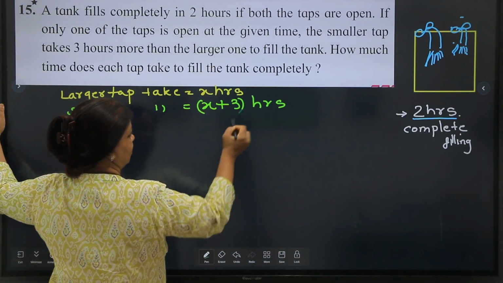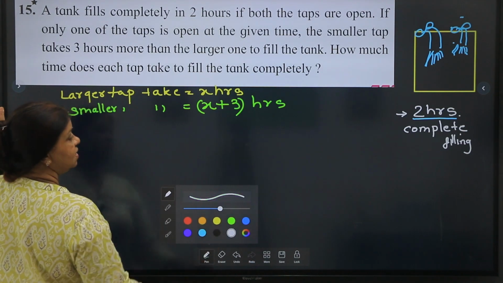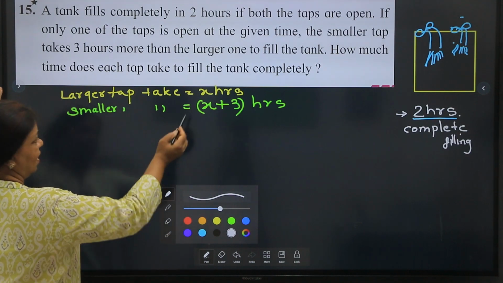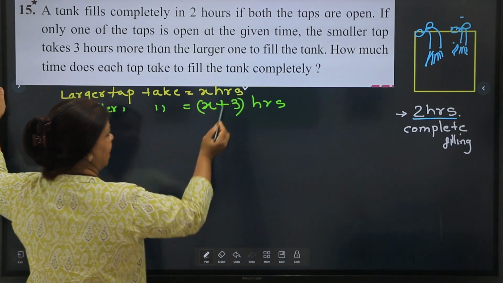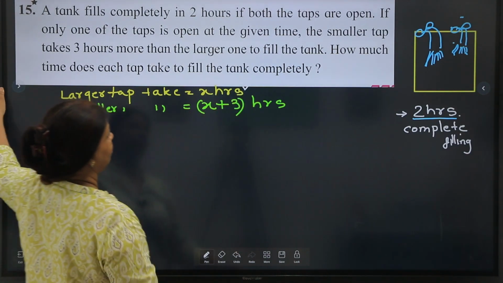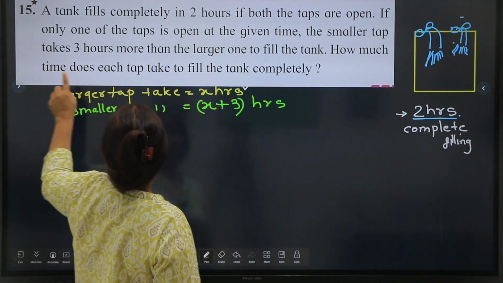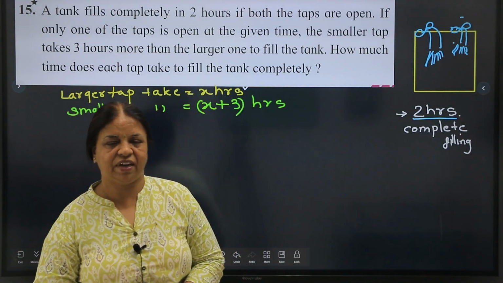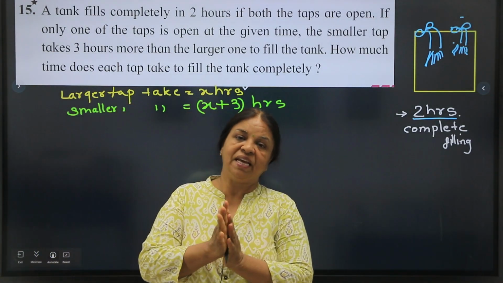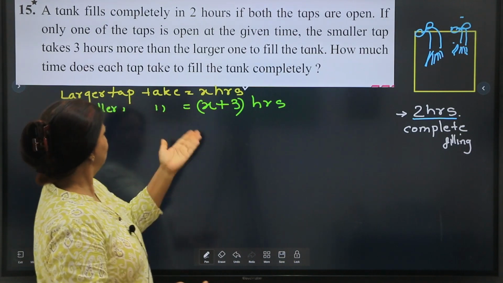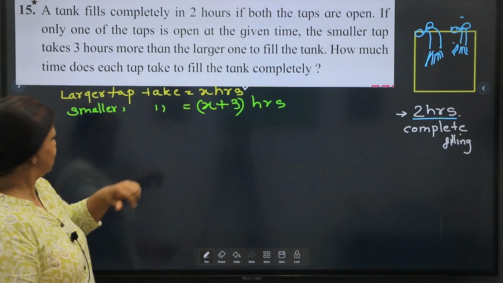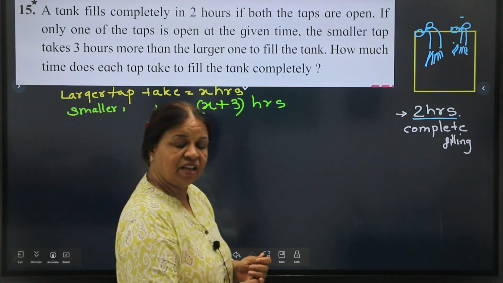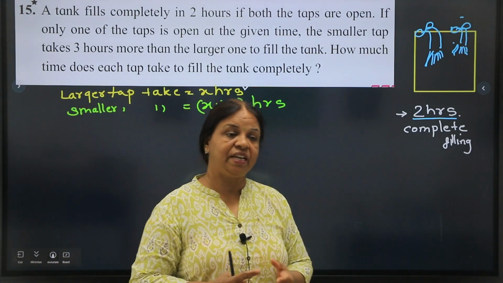Okay. This is the time, x plus 3 hours, taken by the smaller tap. And x hours is the time taken by the larger tap. How much time does each tap take to fill the tank completely? We want to find out how much time will be taken by each tap. So we have assumed larger tap takes x hours and smaller tap takes x plus 3 hours. If we know the value of x, we can find out how many hours will be taken by the larger as well as the smaller tap.